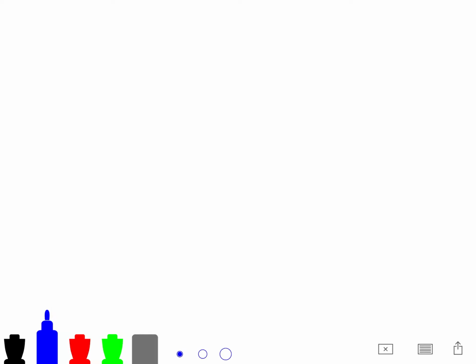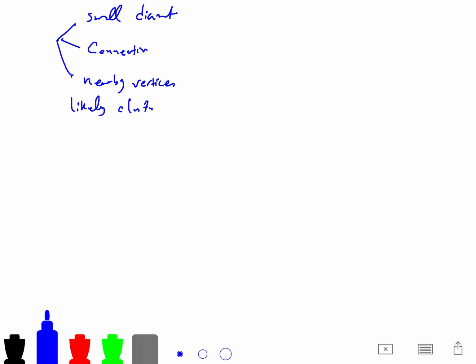The desired properties are that we want small diameter, we want connectivity, and we need nearby vertices to be likely to be clustered together. So these are the properties that are desired.